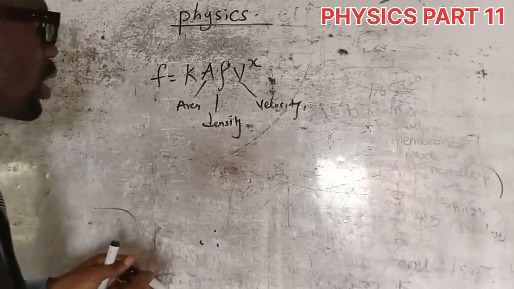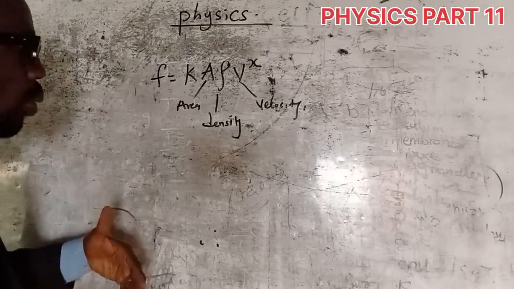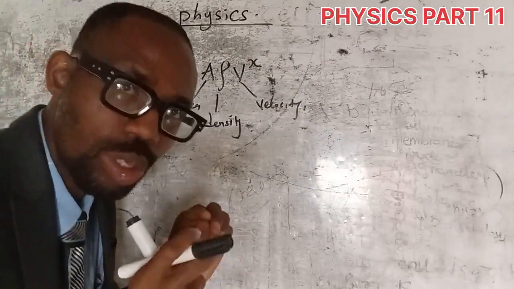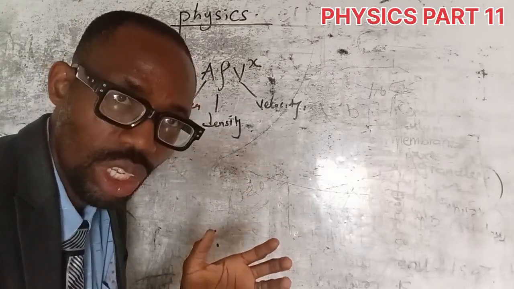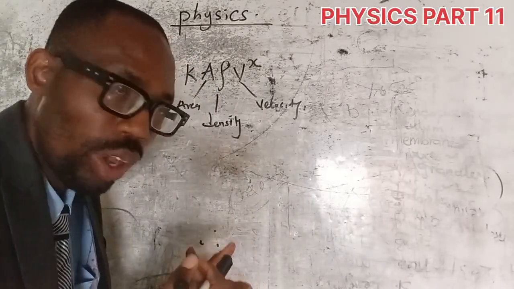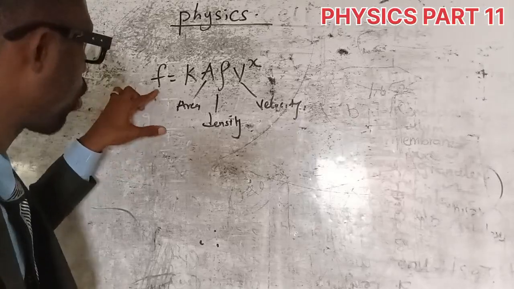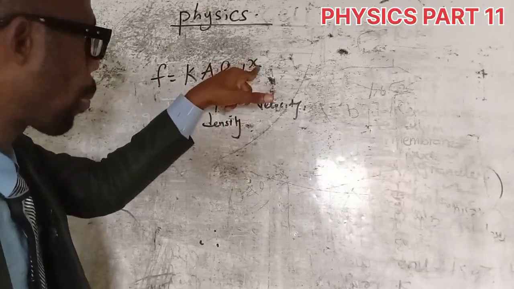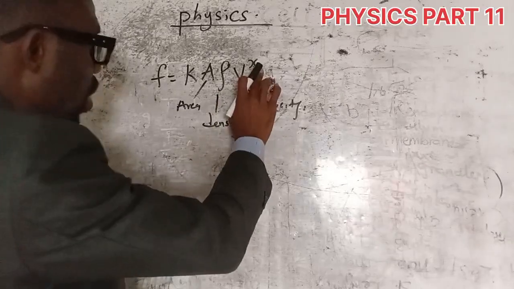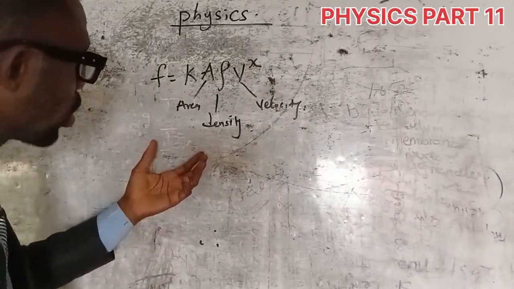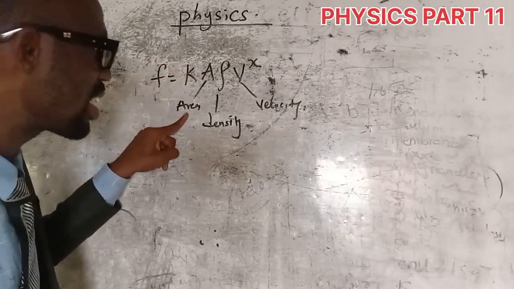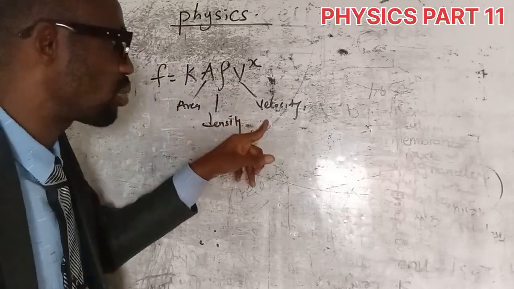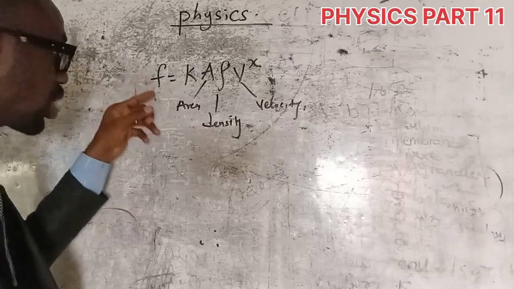So a body that was released in the air, moving at a particular speed, experiences a resistive force, and is given a relationship of F equals K A rho V raised to power X. They now ask, what is the value of X? They told us that A is area, rho represents density, and V is velocity. Calculate the value of X. This is force.